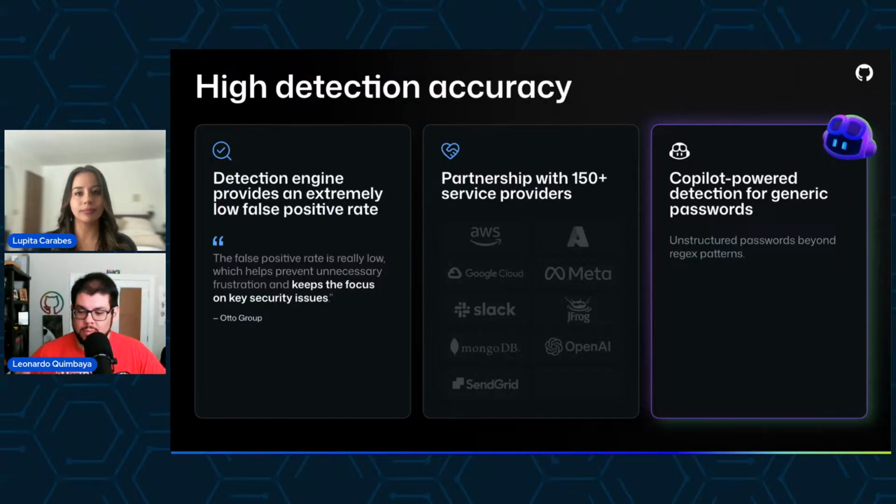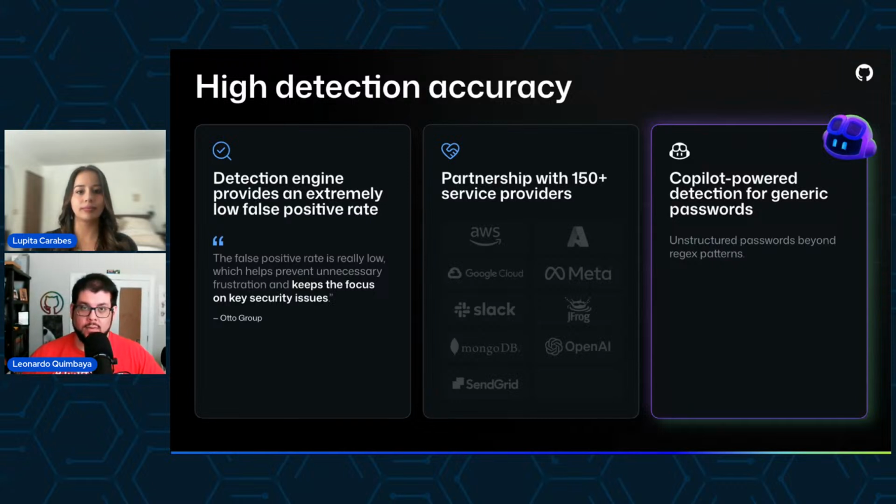And what we'll do is either we'll have a secure API endpoint that we've agreed upon with that particular partner, and we will submit the secret to that API endpoint. And then we'll get a response back that will tell us, yes, this is valid and active, or no, this is invalid and not active.